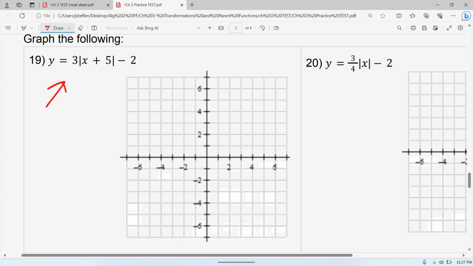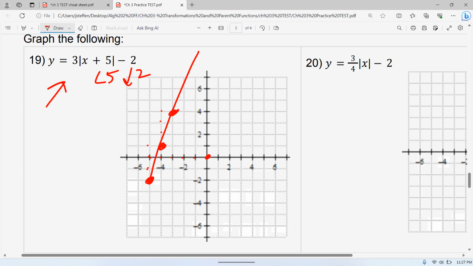The next one might be a little different, but you can start with your parent function, then move down 2 and left 1, 2, 3, 4, 5, down 1, 2.